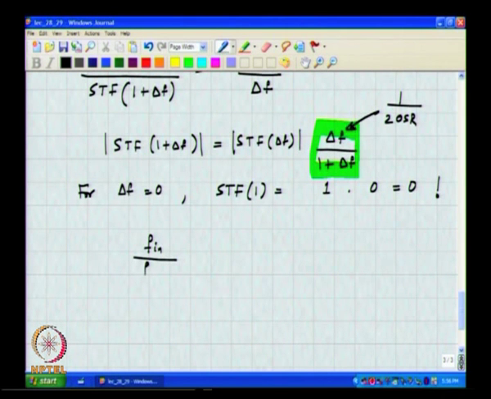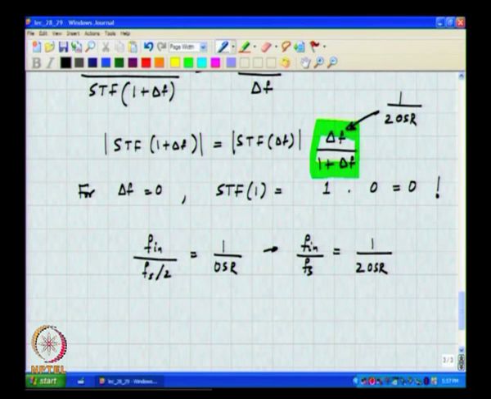So, F in by Fs by 2 is 1 by OSR, which means that the input frequency divided by the sampling rate is 1 by 2 OSR, correct.